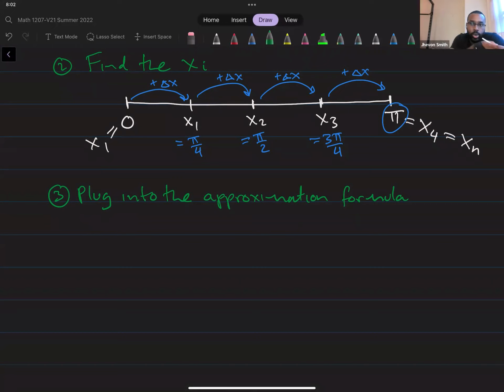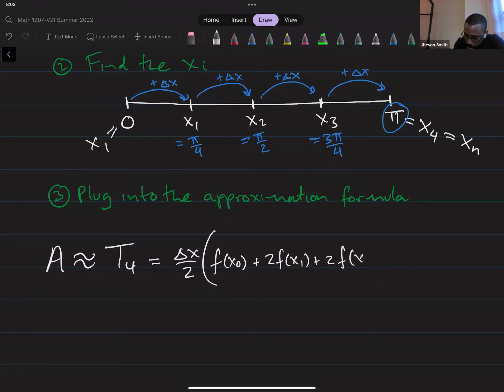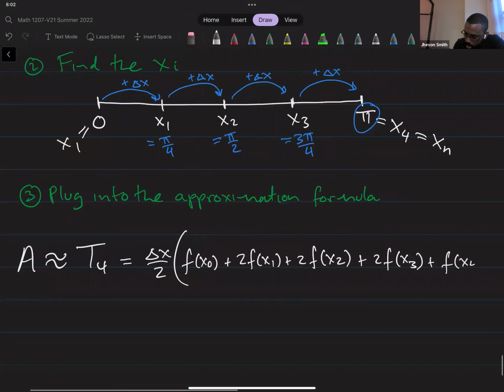So here we know that this area, we're approximating it by trapezoid rule with 4 subintervals, and that is going to give us delta x over 2 times f of x0 plus 2 f of x1 plus 2 f of x2 plus 2 f of x3 plus f of x4.